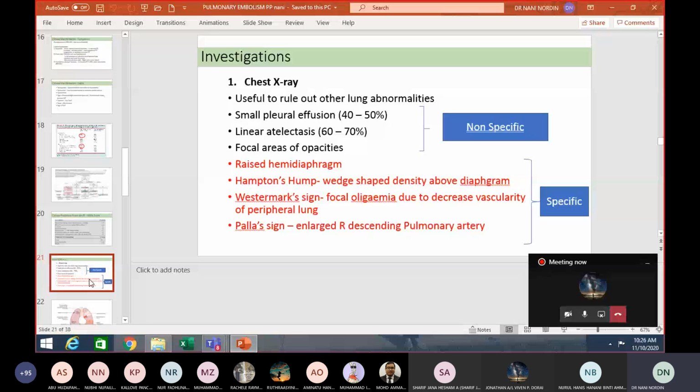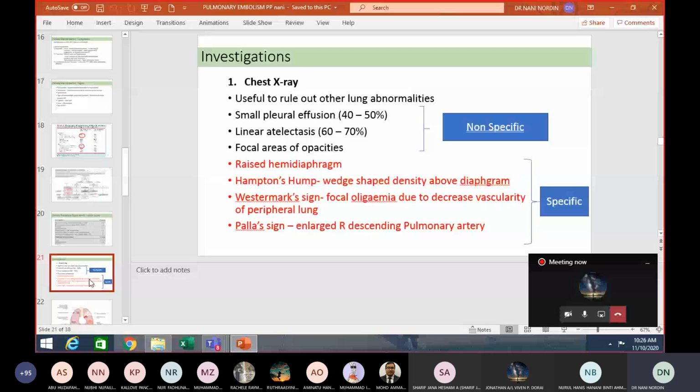But the problem with chest X-ray is that in pulmonary embolism, it is usually normal. You hardly see anything. It is more useful to rule out other lung abnormalities. For example, you can see pneumonia, pneumothorax or pulmonary edema if they are there.